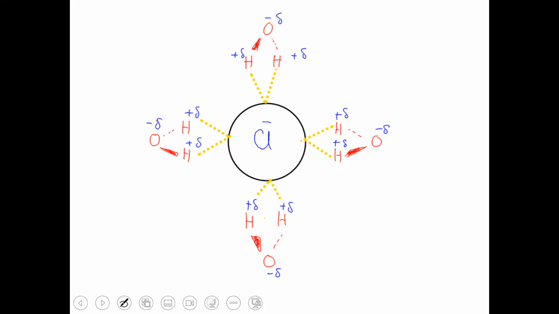Now you have to copy this screen. Note that Cl minus is relatively a bigger ion.